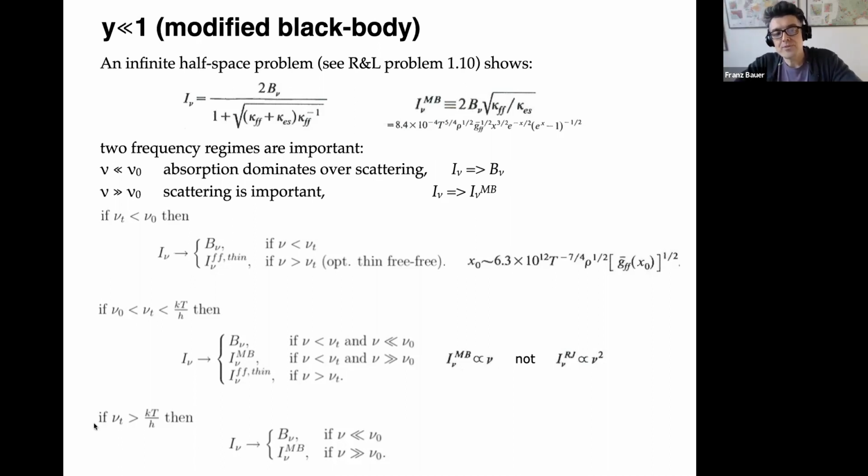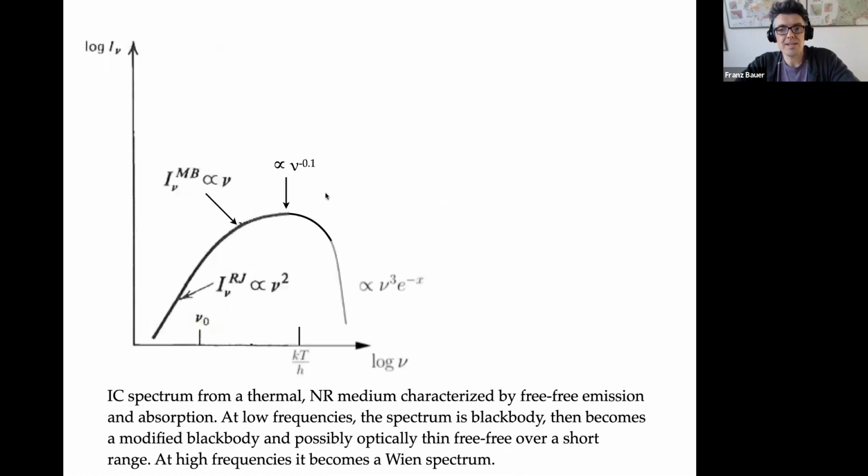And then finally, you have a case where if this frequency is greater than this, then you would have just these two regimes, since you would never get into the optically thin regime. You just have a modified black body. And so this kind of shows what this is talking about. So we have below nu naught, we have just our intensity is going as nu squared.